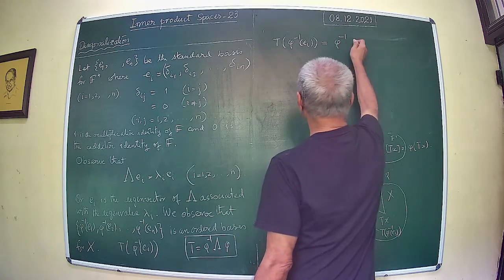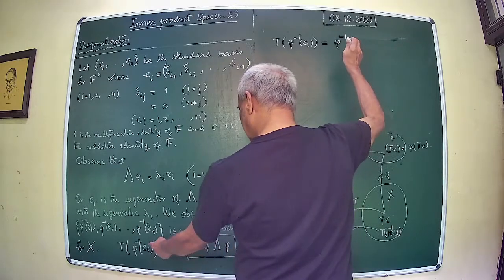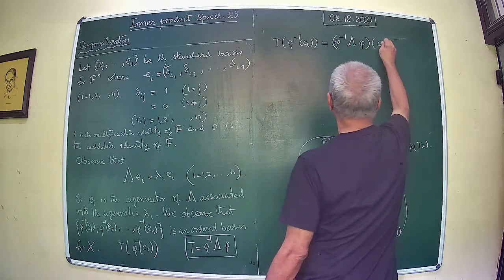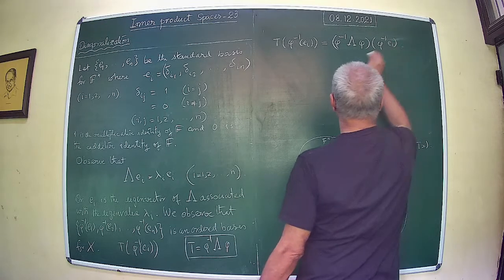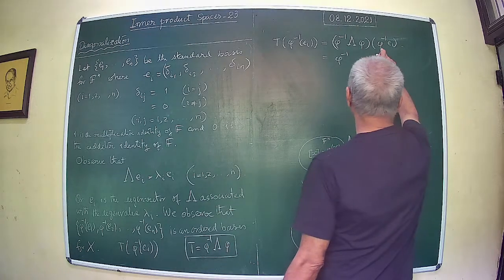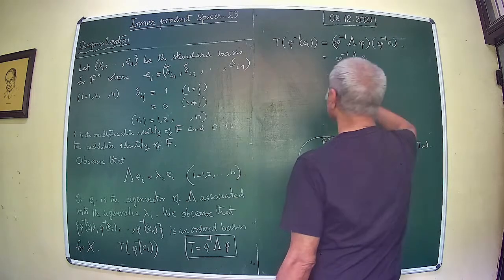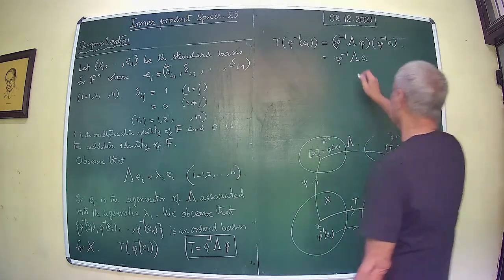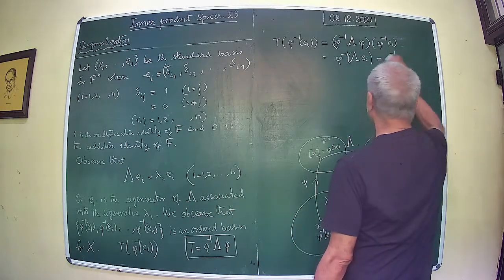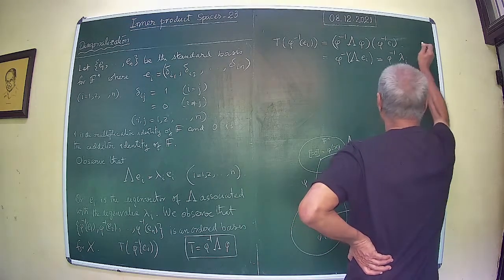Phi inverse of lambda phi, which is equal to phi inverse of phi inverse is identity, lambda Ei, which is equal to phi inverse of lambda i Ei.